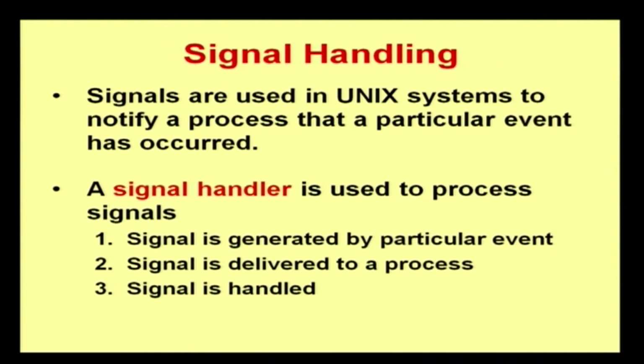Next is about signal handling. So what is signal handling? Signals are pretty common in the Unix operating system. Supposing some event happens, before the event happens, the Unix operating system will immediately pass a signal to the OS, to the user, that a particular event is going to happen.